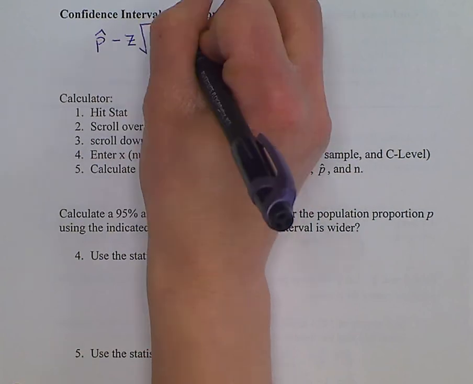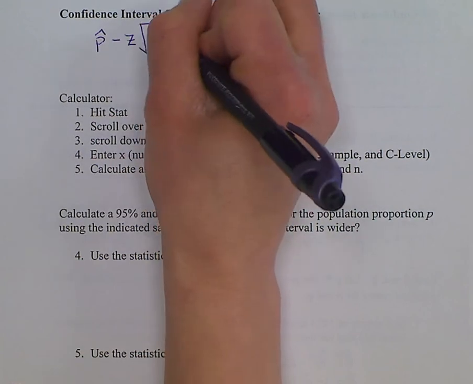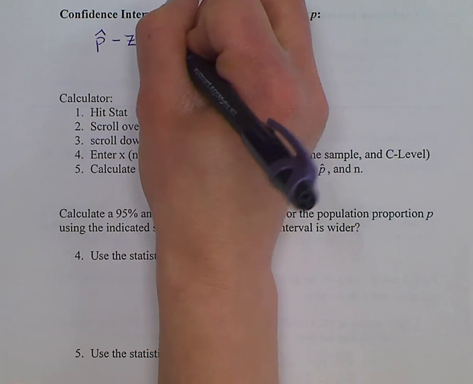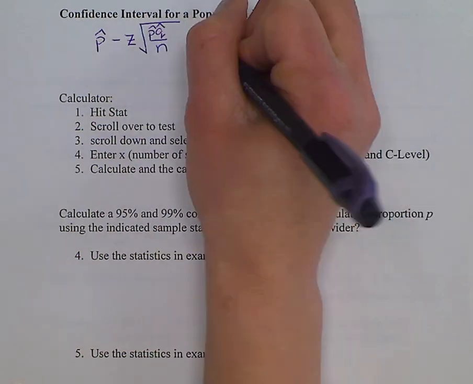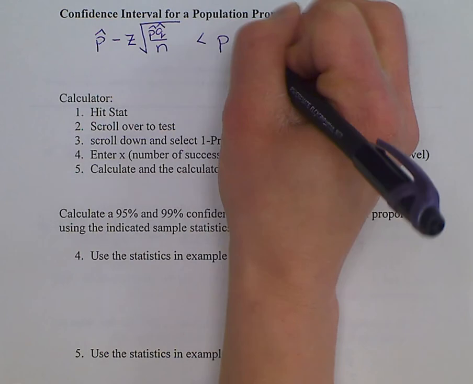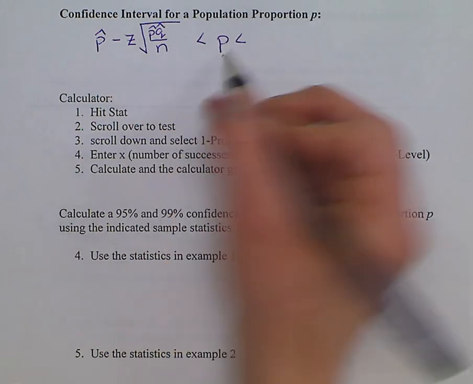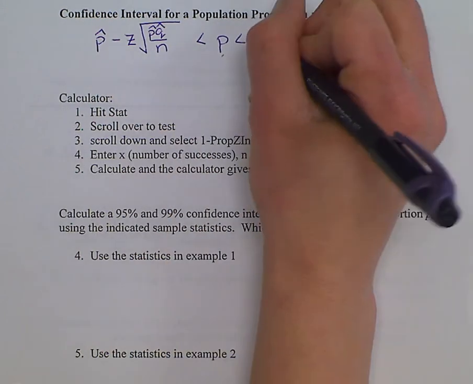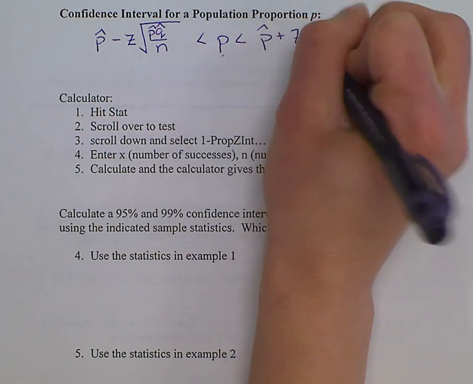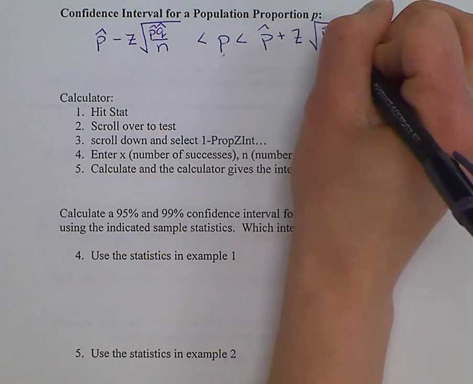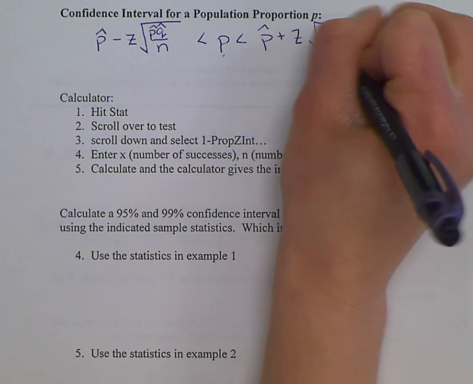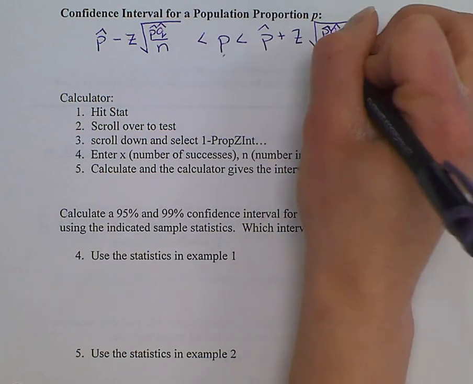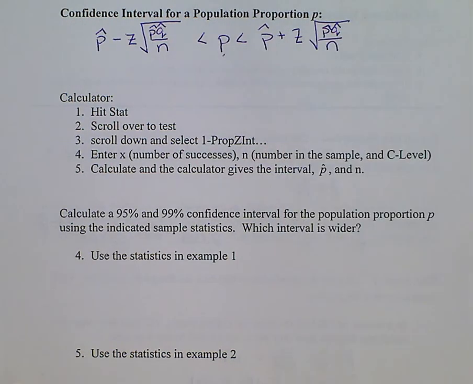We multiply by the square root of P hat times Q hat divided by N. We're calculating where our actual population proportion will be, or estimating where it will be. And then the right endpoint is the same, of course, but with a plus instead of minus.